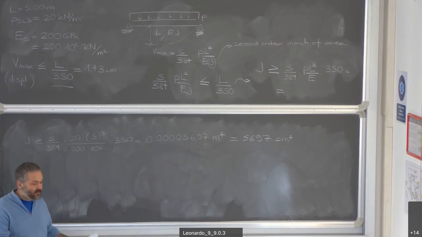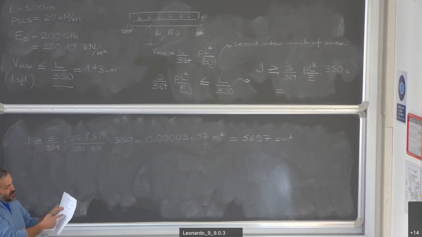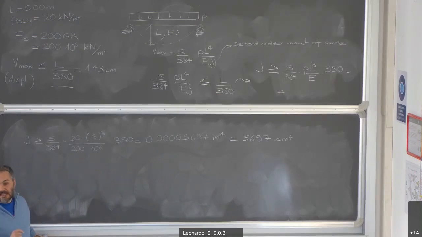How do you do the design task? Well, since you know this is the minimum second order moment of area which allows you to fulfill the design requirement, you pick the first profile which has a second order moment of area which is larger. So I'm reading you the numbers.